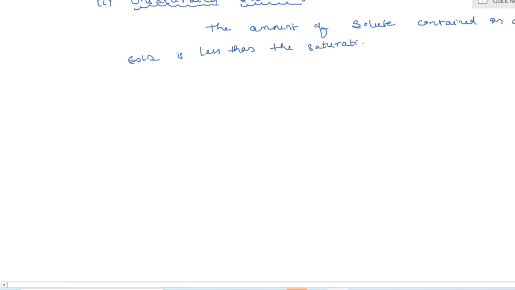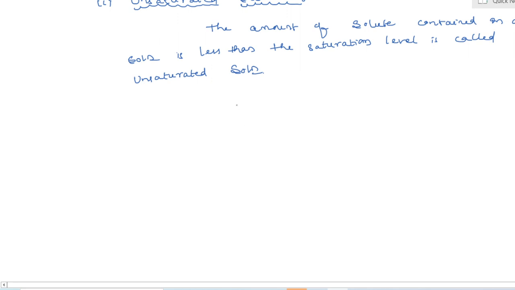The amount of solute contained in a solution is less than the saturation level is called an unsaturated solution.